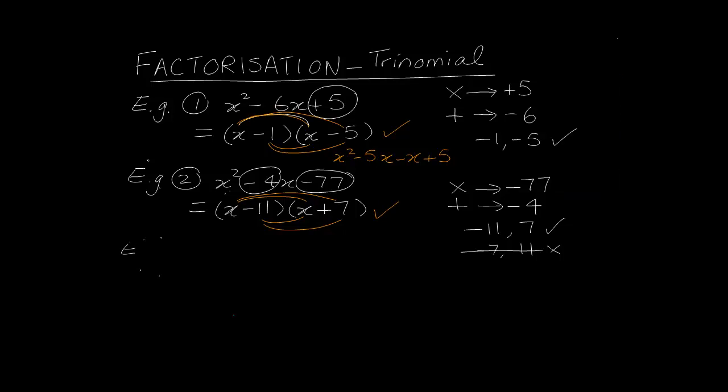Let's try one more, a harder one this time. In this case, I'm going to try 2x squared minus 22x plus 48. Now, this one is harder because notice that the coefficient of x squared here is 2.